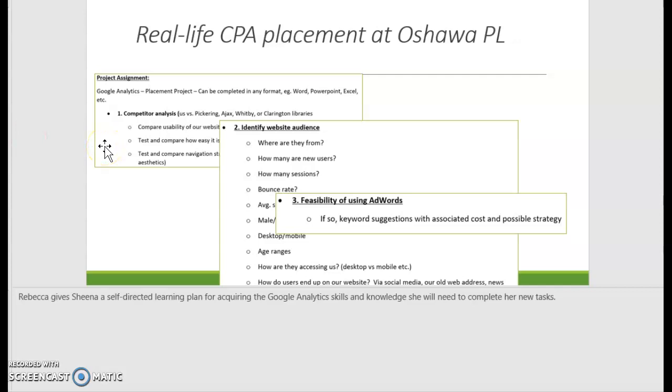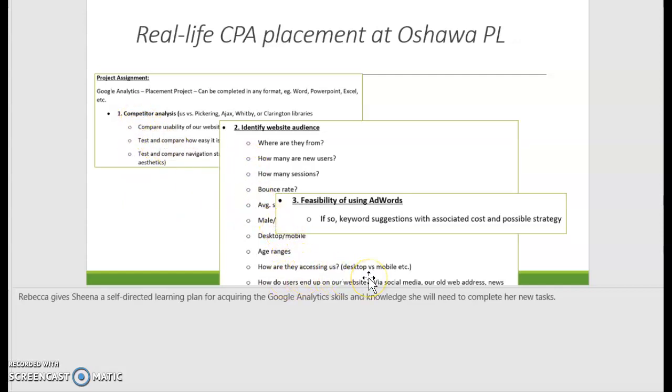So on these slides right here, you're going to see a project assignment for a real life CPA placement that happened last year, I think, at the Oshawa Public Library. The reason I'm sharing it is that this is what they did and how they used analytics, okay?